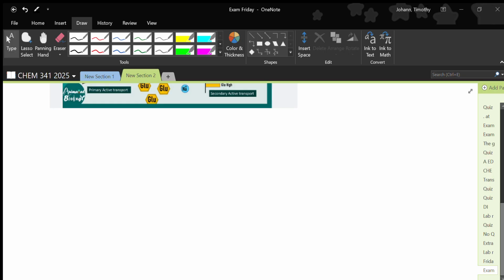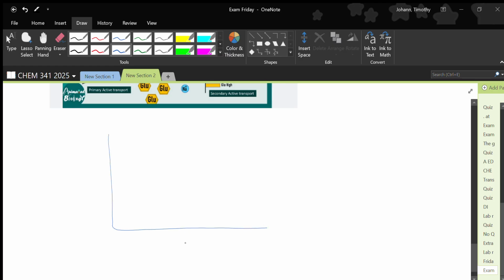Okay. So I'm not sure what to address exactly, so I'm going to start talking, and then you can help guide me maybe. So this is a Michaelis-Menten plot, right? And this comes from our Michaelis-Menten equation that looks like this.